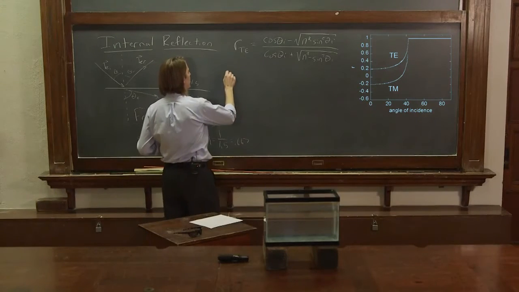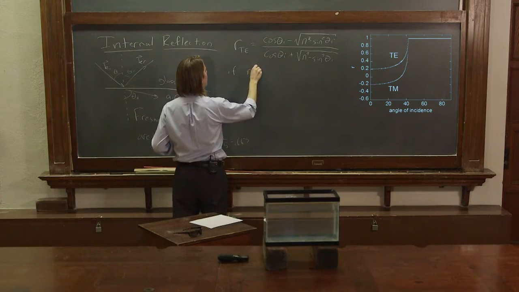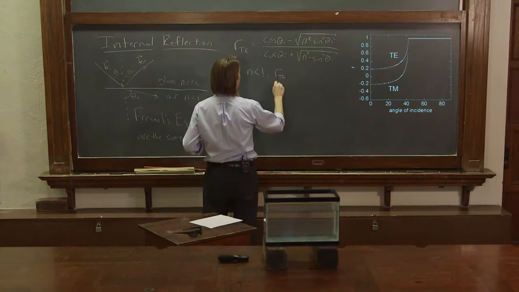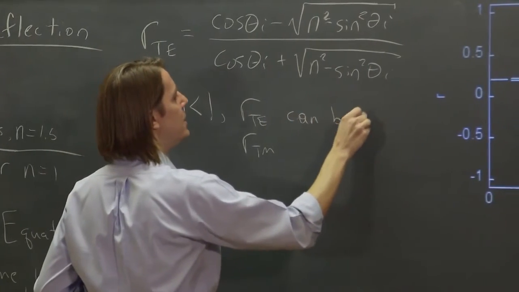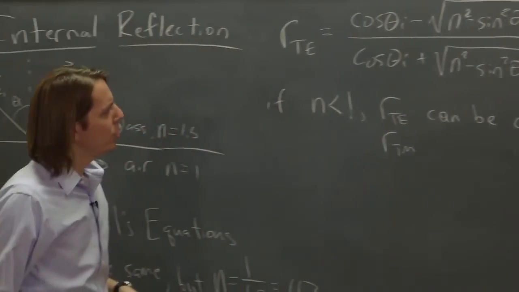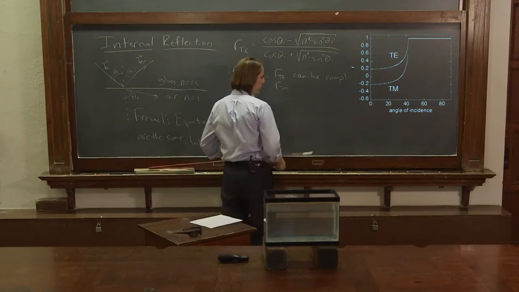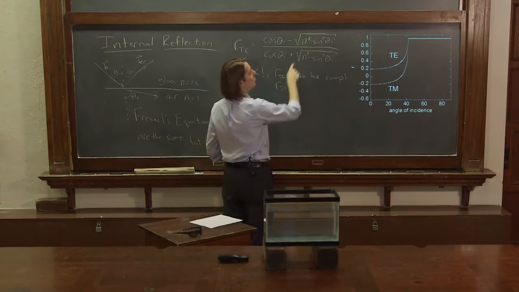And here's the deal. If n is less than 1, RTE and RTM, for that matter, can be complex. So if we look here, this is less than 1, and for large angles, like out here, sine theta can get to be up to 1, right?